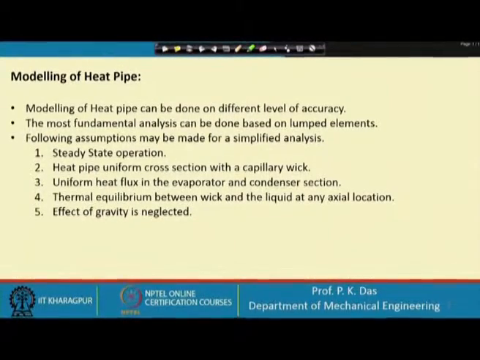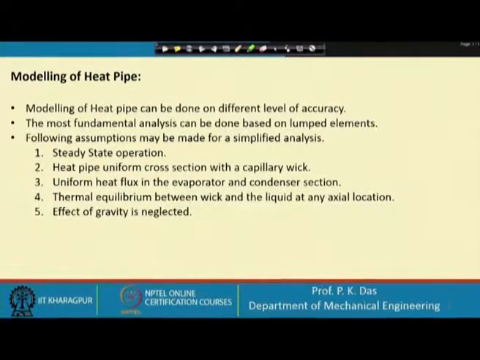But at the same time that may be counterproductive, because industry cannot have so much time for designing a heat pipe. So, there could be some sort of simplified model. Again, a simplified model could be a lumped element model, a one dimensional model, a two dimensional model, like that, and we are going into a simplified model.